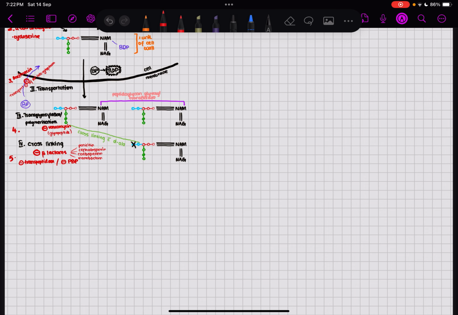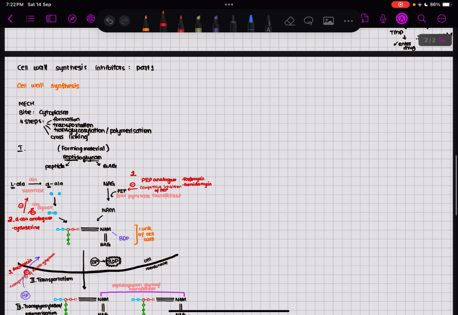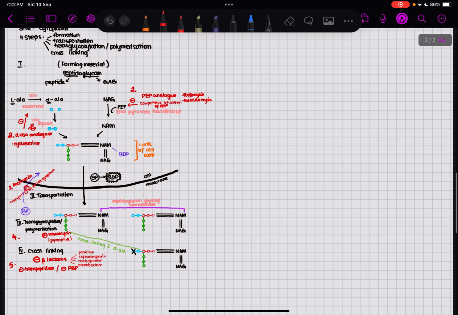Now we will get into beta lactams, and that is penicillins. It is so large, so that will itself cover part 1. Now the penicillins of beta lactams.